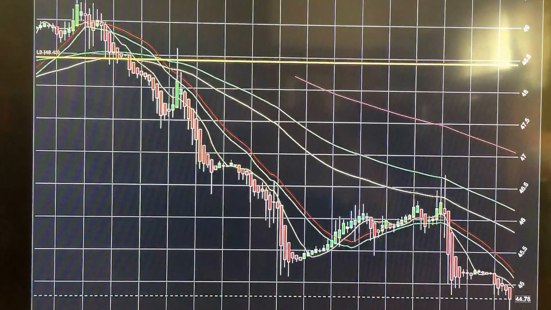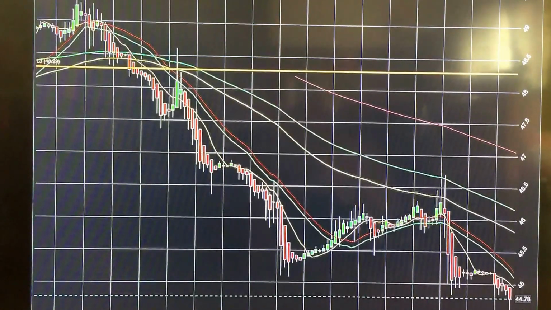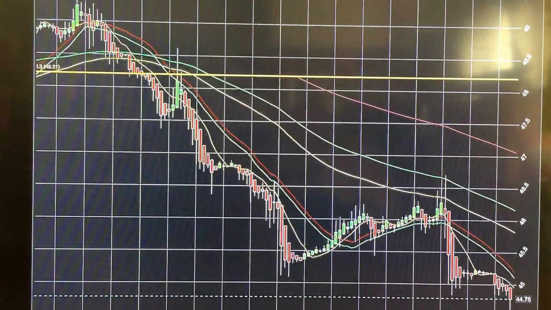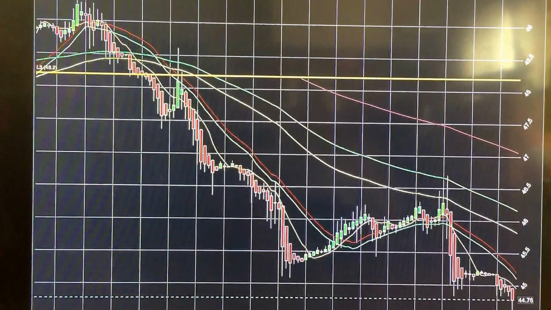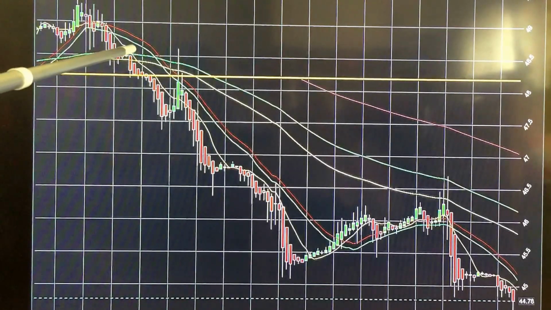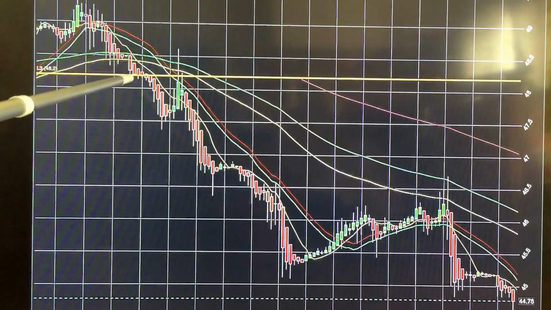What you do, come to the lowest low it ever made. This is the candlestick that carries the lowest low it ever made. Maybe I didn't show you. See, this candlestick is the one that became the lowest low it ever made. This one.